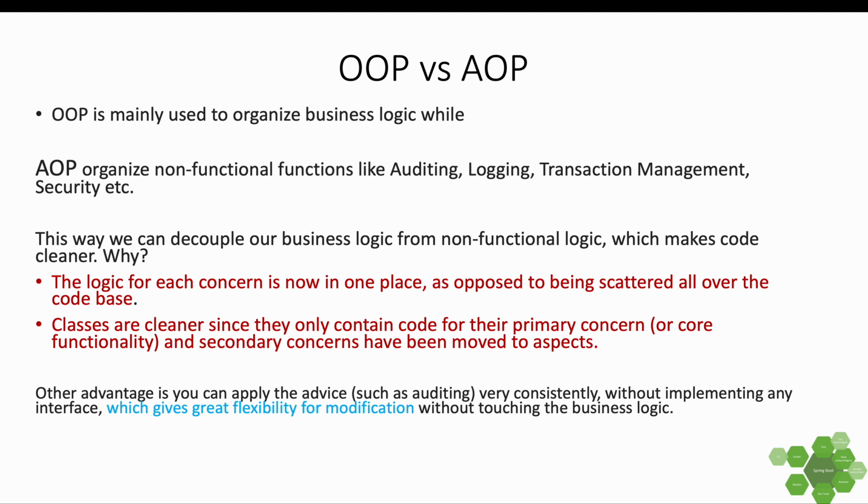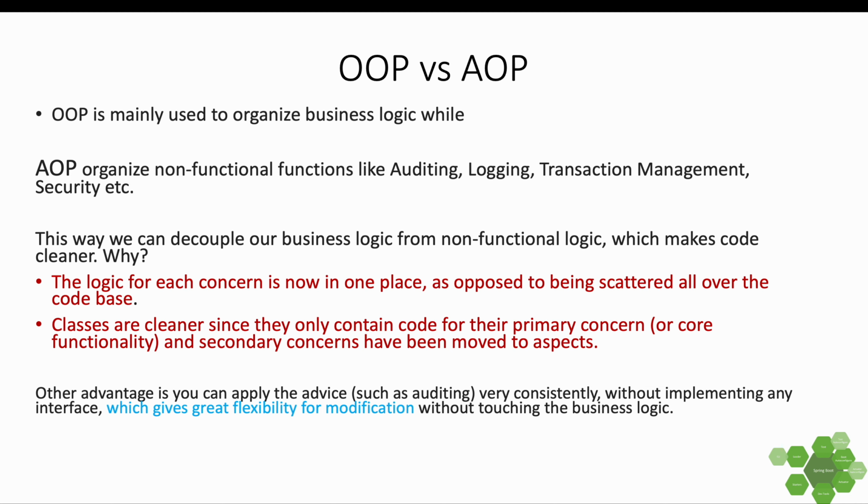And this functionality is called cross-cutting functionality or cross-cutting concern. You have transaction management, you have security everywhere in your code. So you don't want it to be scattered like that. You want to put it in one central place and then use it in different areas where it's needed. So this way you are decoupling your non-functional code from your business logic.